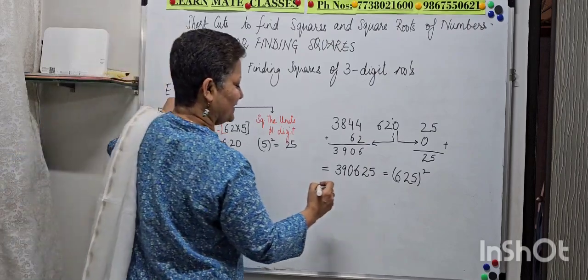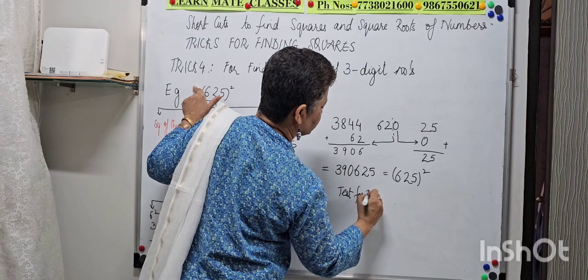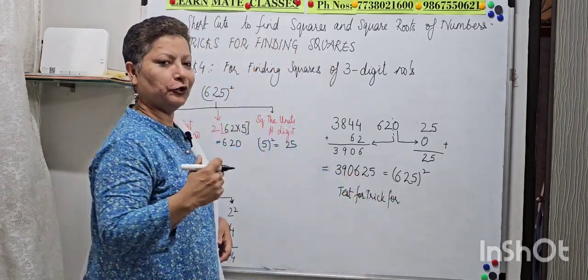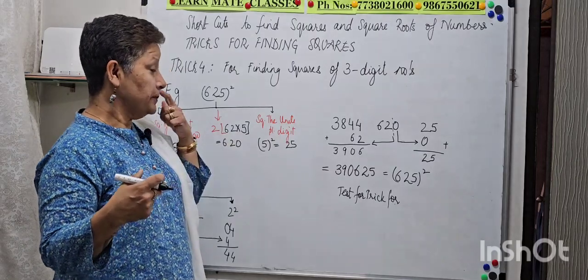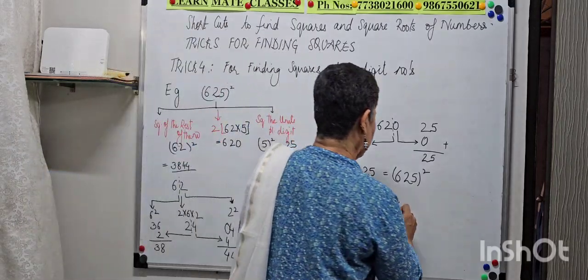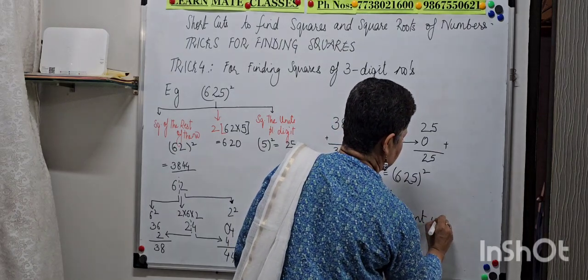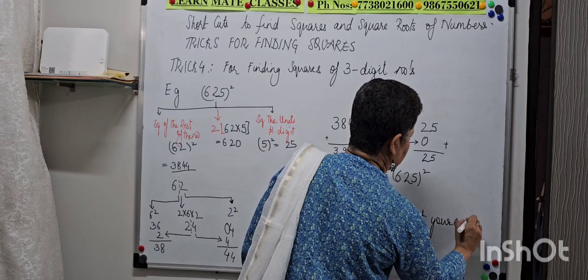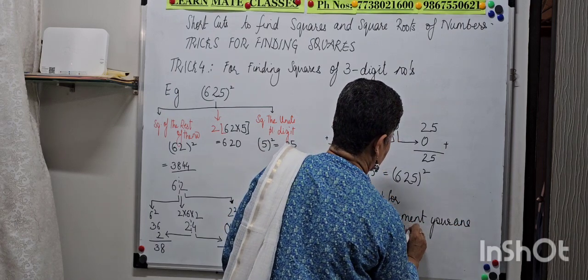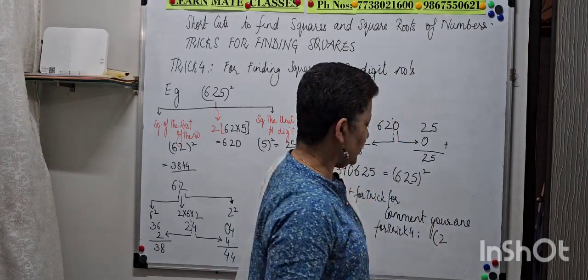So how about a trick test? So this is test for trick 4. So what are you going to do? You're going to comment your answer for trick 4 to find out the square of 3, 2.